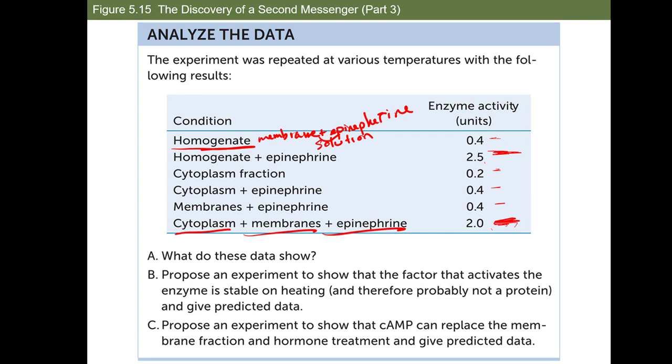Oh no, that's just the cytoplasm content. I don't know what they mean by homogenate, apparently. But this, the homogenate and plus epinephrine has the cytoplasm, membranes, and epinephrine. So I guess the homogenate is just the membrane plus epinephrine. So it needs all three things to take effect.